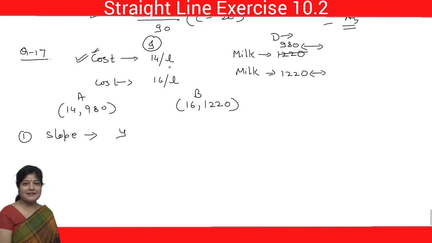What's the formula? Y2 minus Y1 over X2 minus X1 is equal to M. What is the answer?